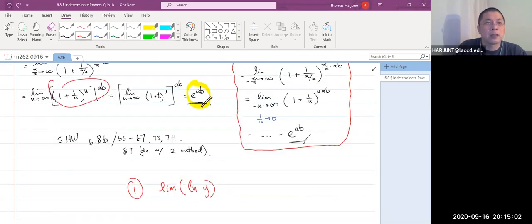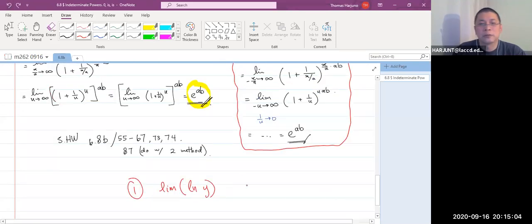And the second method is you modify it to get limit u goes to infinity of 1 plus 1 over u to the power of u.